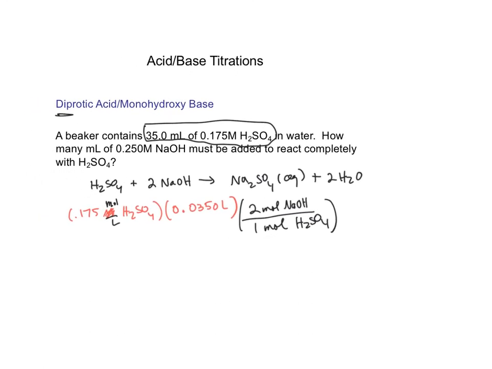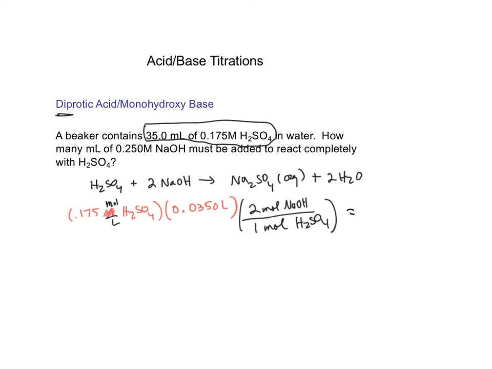And now we have moles of sodium hydroxide. Well, let's go ahead and calculate that. So 0.175 times 0.035 times, whoops, not divide, times 2, syntax error, times 2, messed up.